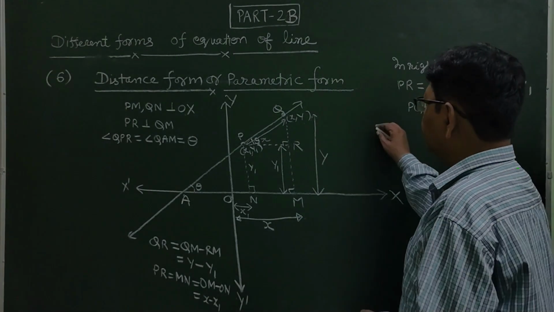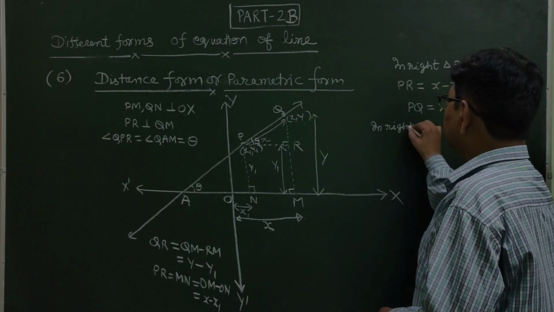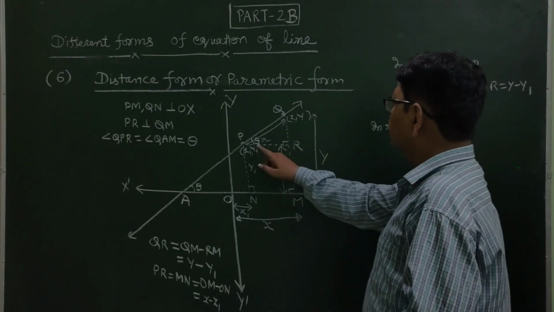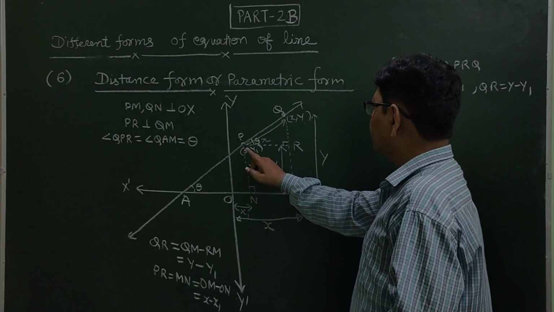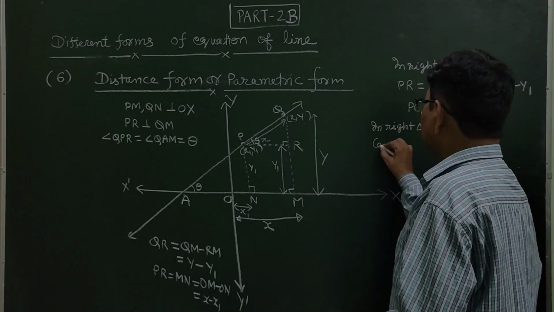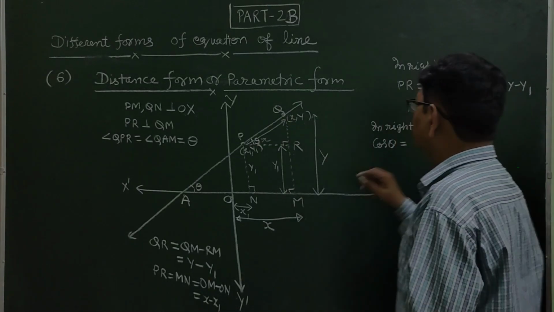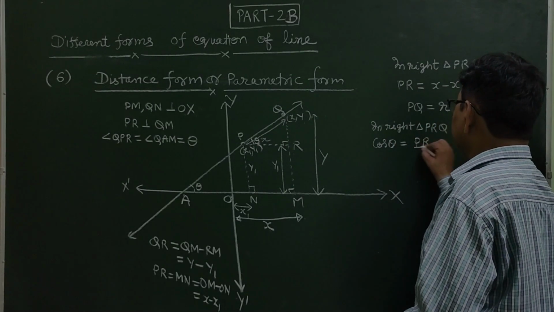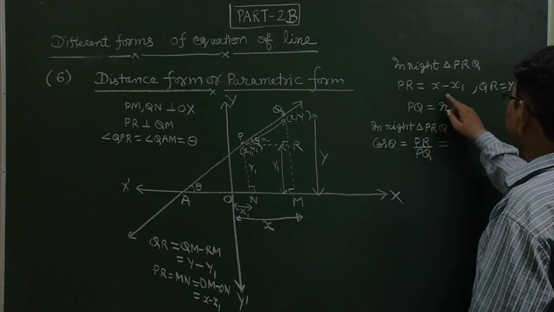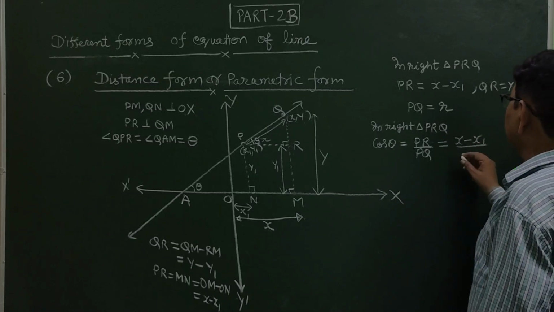So now let us consider right triangle PRQ. If we take cos theta is equal to base upon hypotenuse, cos theta is equal to PR upon PQ, which is equal to x minus x1 upon r.